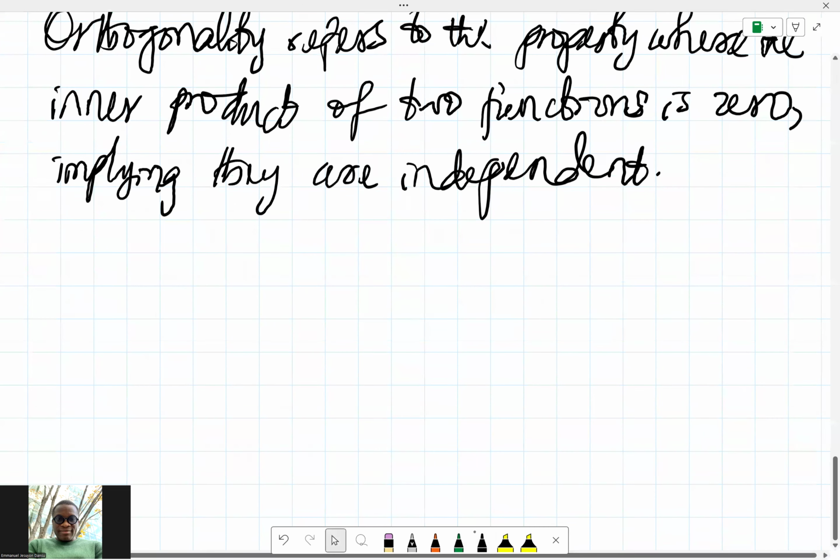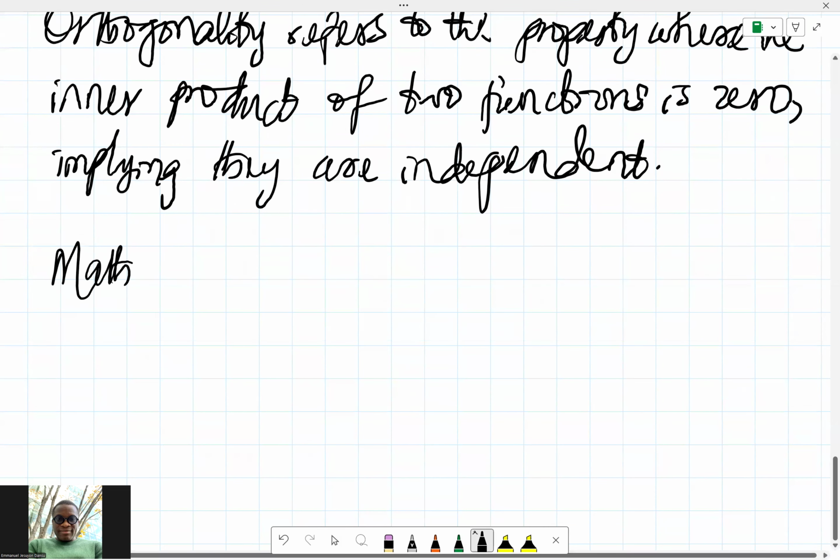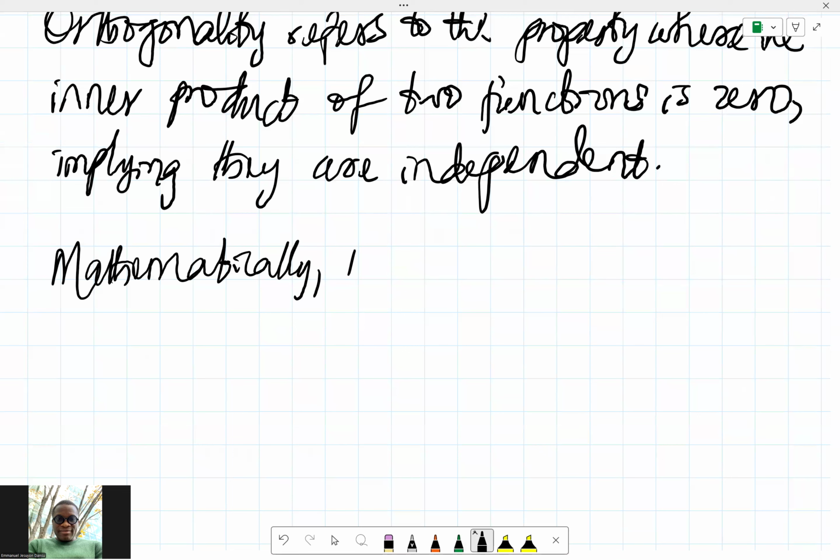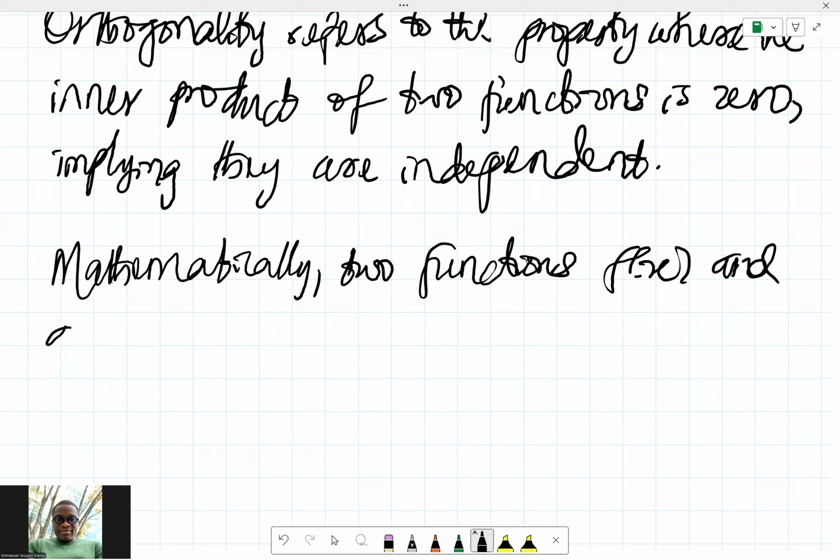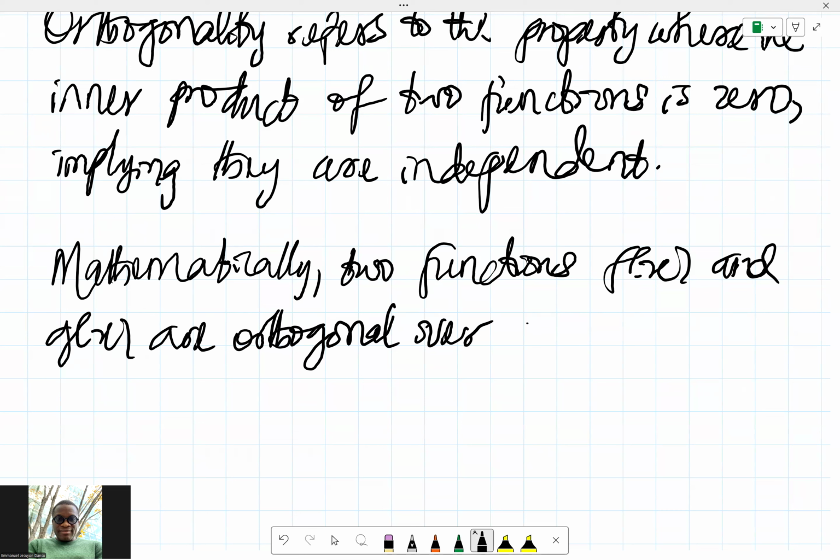Okay, mathematically, two functions f of x and g of x are orthogonal over an interval [a, b].